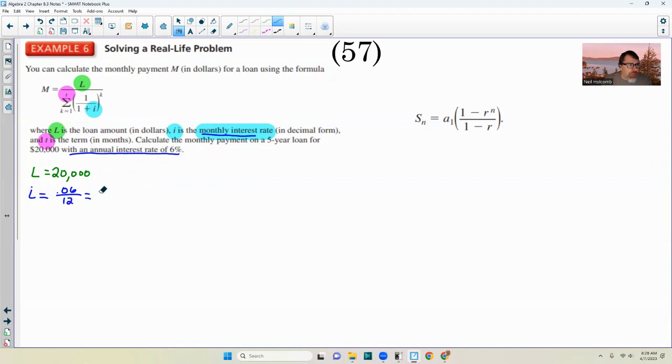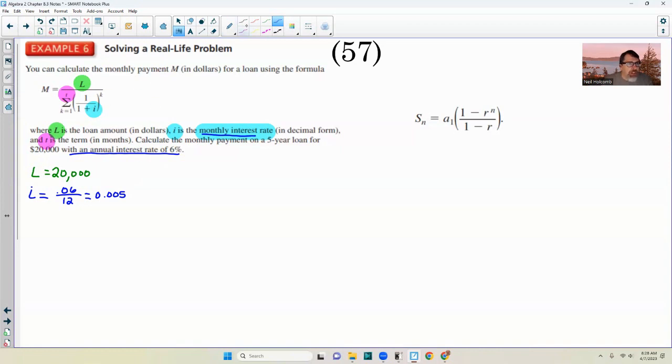So 0.06 divided by 12 is 0.005. And 6 divided by 12 is a half, moving the decimal place 1. So 0.06 divided by 12 is 0.005. Okay, so there's our I. Really careful. Annual interest rate of 6%. Monthly interest rate is that divided by 12, which is 0.005.